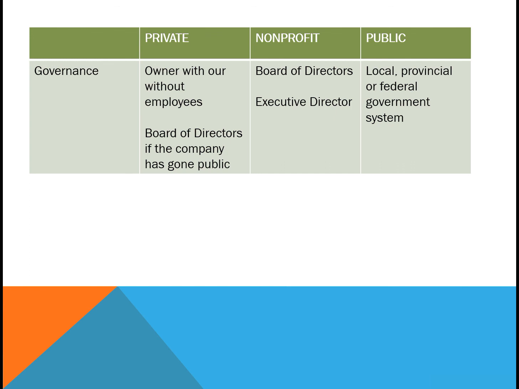In the not-for-profit sector, the person who does the day-to-day work is the executive director. The executive director sits on the board of directors, and the board of directors oversees the director and the organization. And finally, in the public sector, governance is different depending on whether it's the local, provincial, or federal government system.